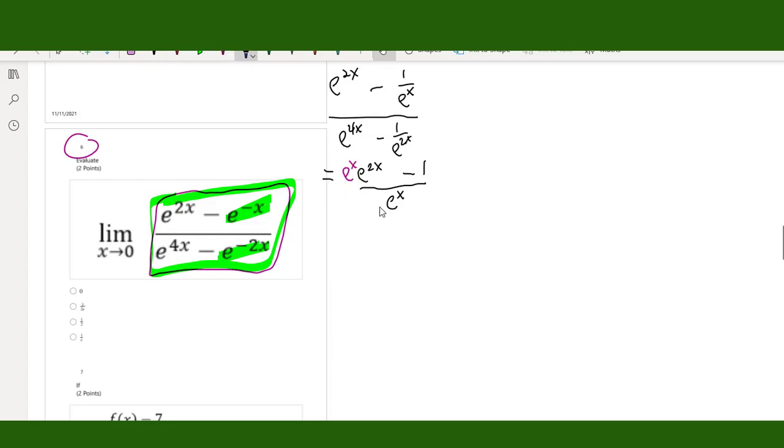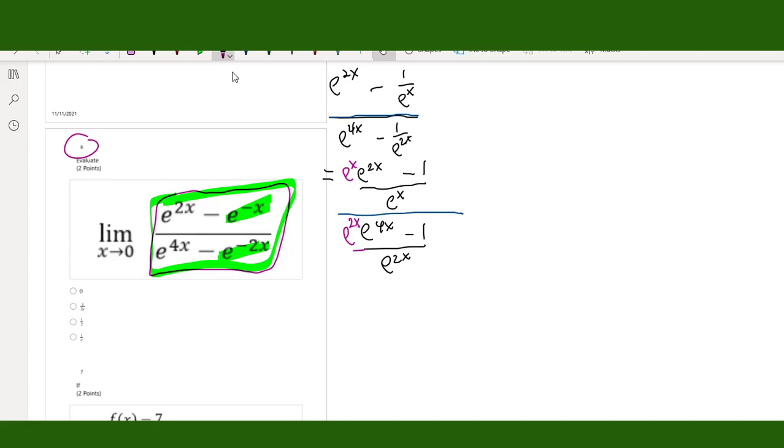And over this line, e^(4x) minus 1 over e^(2x), and here multiply by e^(2x).